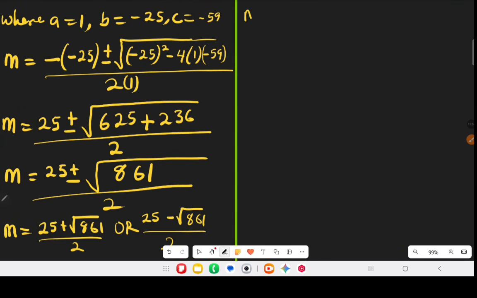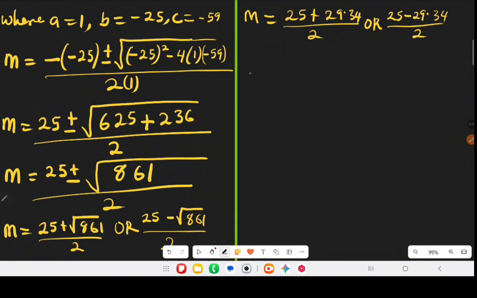When you use a calculator, the root of 861 is 29.34, so we have 25 plus 29.34 all over 2, or 25 minus 29.34 all over 2.